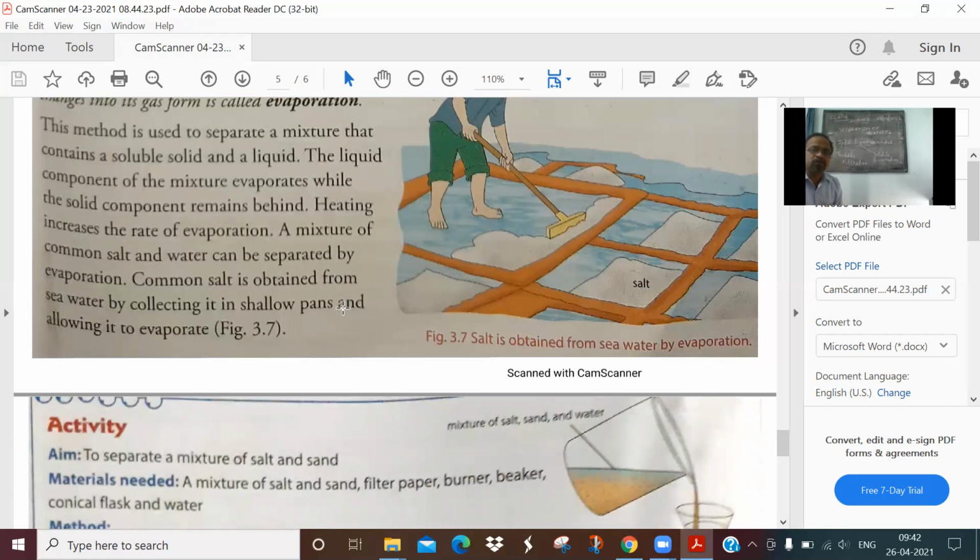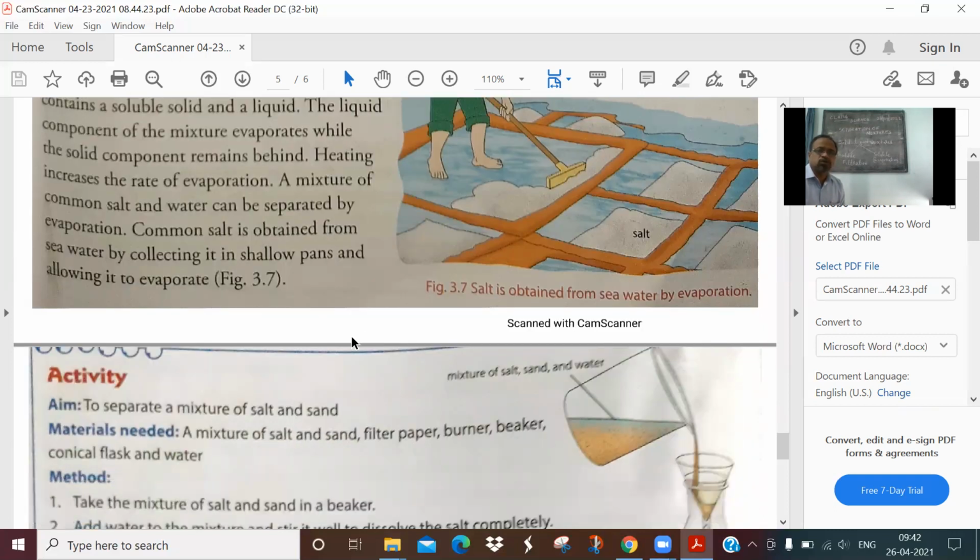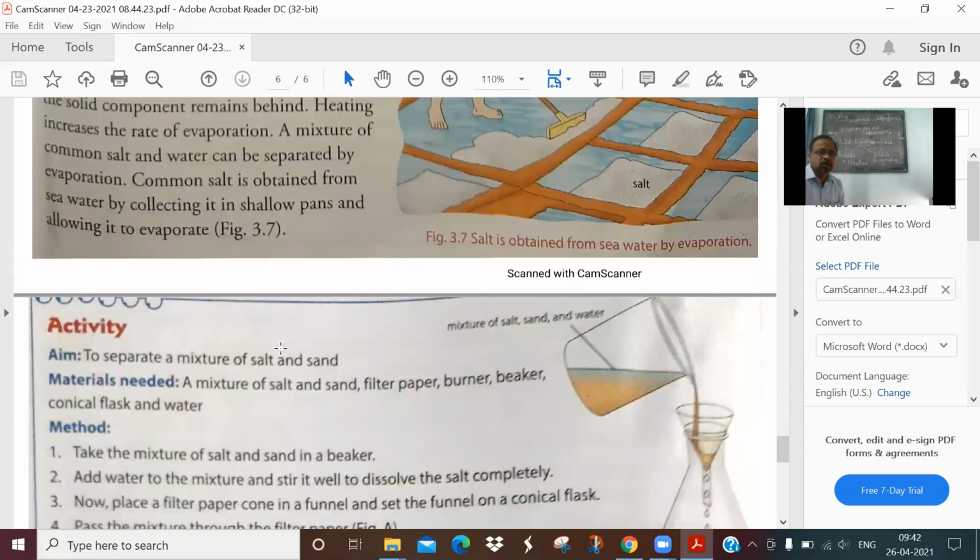The aim of this activity is to separate a mixture of salt and sand. Namak and ret, both mixed, we want to separate them. We can use two methods for separating them. So look into this activity that is showing how to separate a mixture of salt and sand.